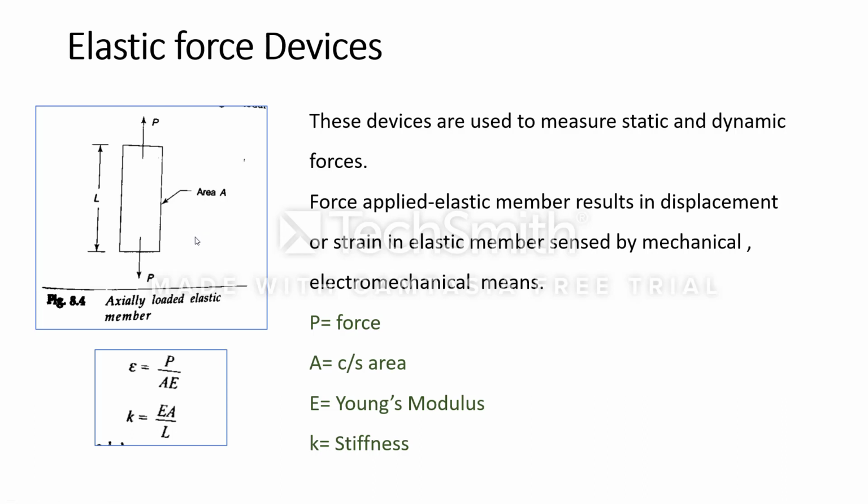But in mechanical measurement, we can consider K as the sensitivity. So here the strain is the force upon area into Young's modulus, and sensitivity or stiffness is the Young's modulus into area upon L. So these elastic force devices are used to measure static as well as dynamic forces.